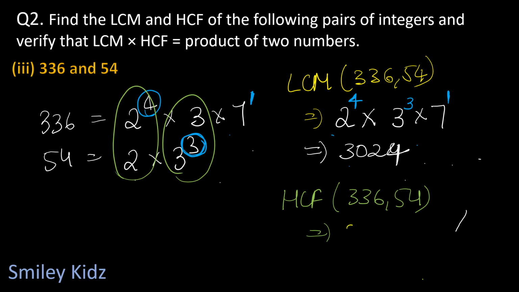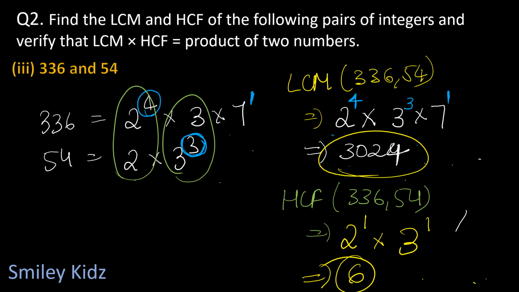So we're going to consider 2 to the power of 1 because it is less than 2 to the power of 4. Then we have 3, which is less than 3 cubed, so it is 3 to the power of 1. Now what is 2 times 3? Come on, it is 6, isn't it?